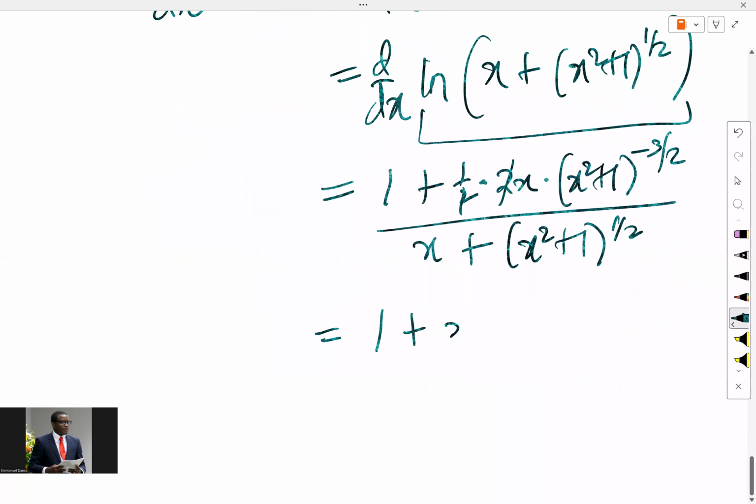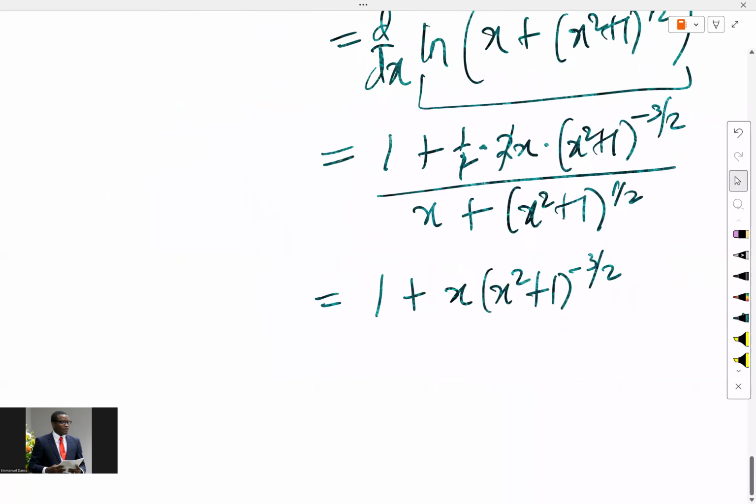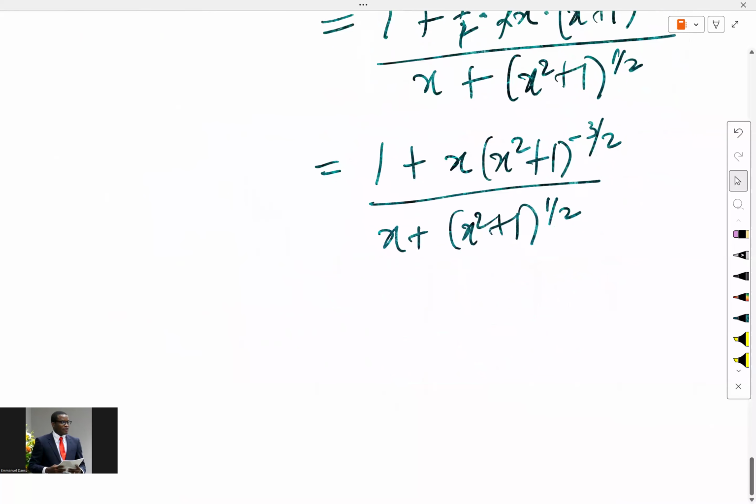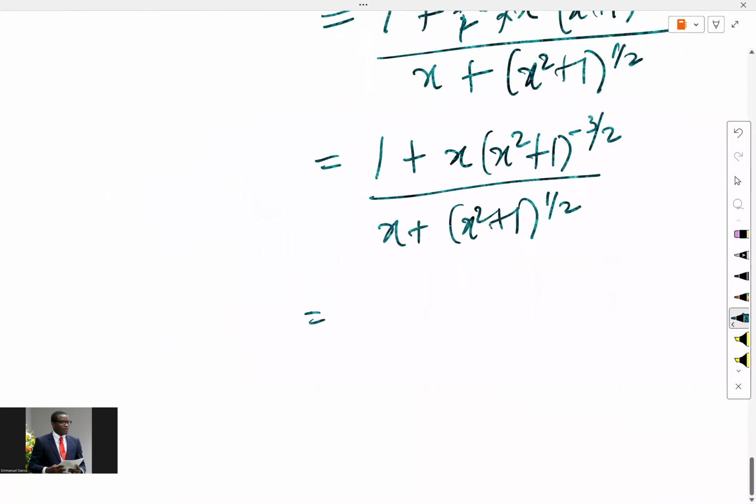So we have 1 plus x times x squared plus 1 raised to minus 3 over 2. Then all this over x plus x squared plus 1 raised to power 1 over 2. Now, simplifying all this.